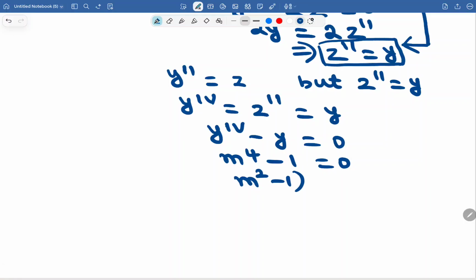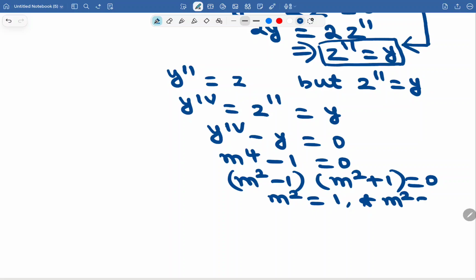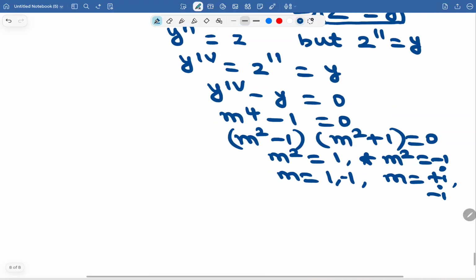We can write it as m square minus 1, m square plus 1 equal to 0. m square equal to 1, m square equal to minus 1. Here m equal to plus 1, minus 1, and here m equal to plus i, minus i.